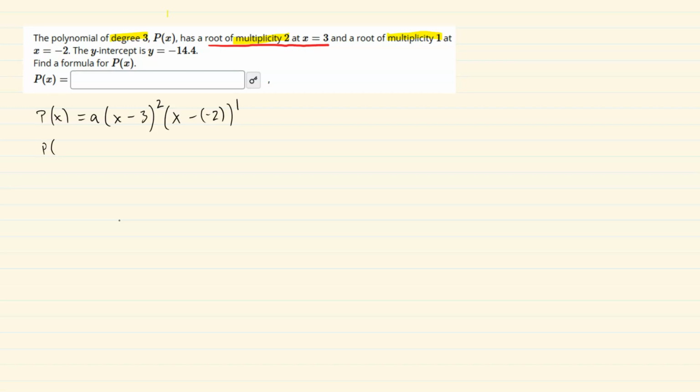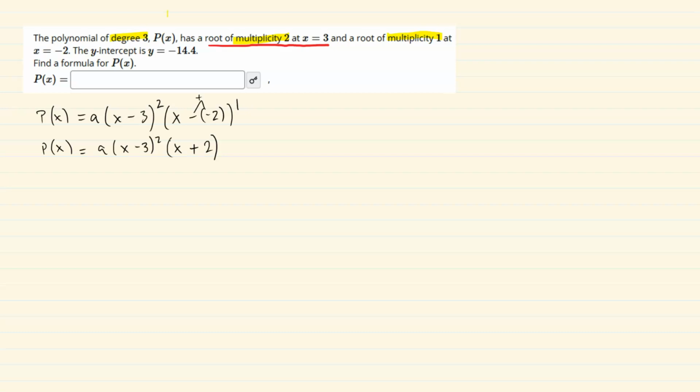We can say p of x equals a times (x minus 3) squared, and then we would have x minus a negative becomes a plus, so that's (x plus 2), and that's raised to the 1 power, and that's really not doing anything, that exponent. So we can leave that off, and this is what we have.